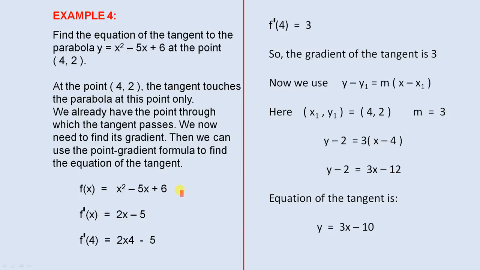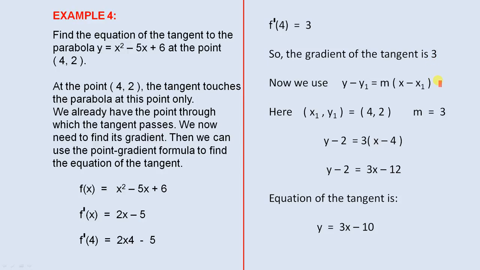So we're given that f(x) equals x squared minus 5x plus 6. f'(x) is 2x minus 5. So f'(4) equals 2 times 4 minus 5. So f'(4) is 3. So the gradient of the tangent is 3.